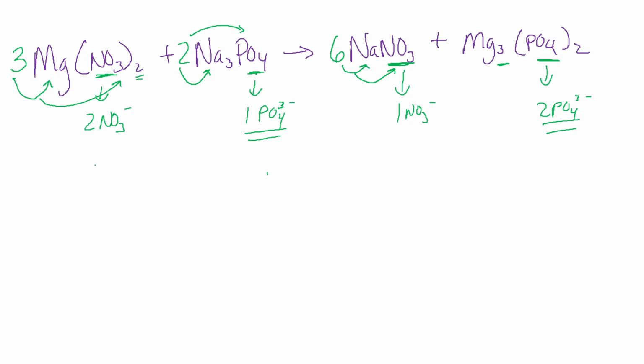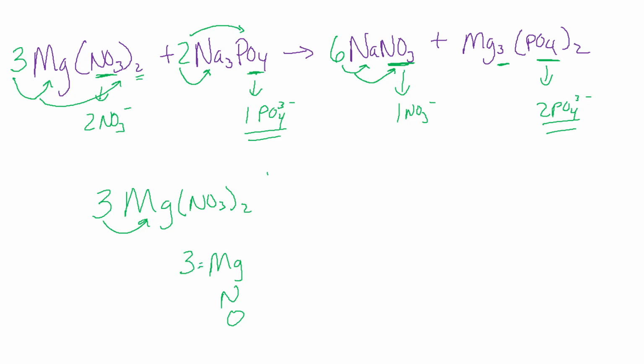If you did go element by element, for example, let's just make sure we count everything correctly. Let's just say we were looking at this guy. We were counting up what we had going on here. We would have to take this 3 and it would count for the magnesium. So we would have 3 of those.